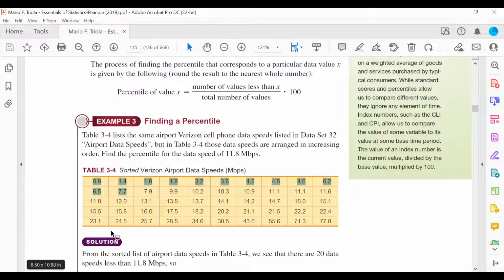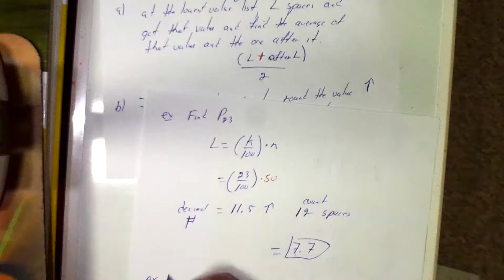All right, we'll do another one. Let's find P79.